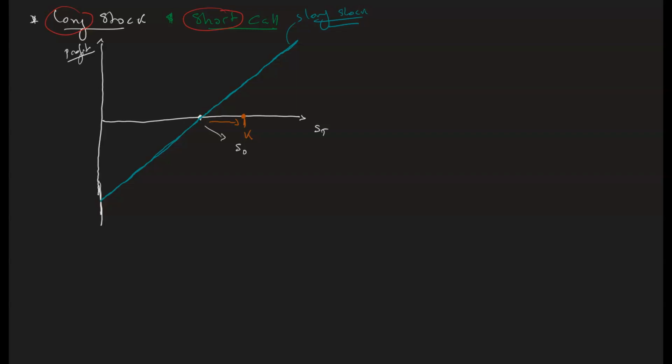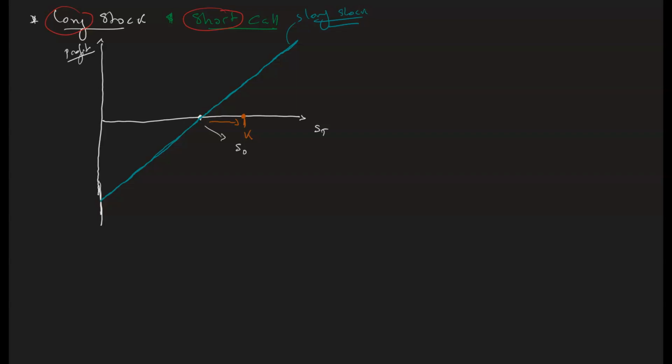Now, the call option is not going to be exercised if the stock price doesn't go all the way to that point. Because until the stock price gets to the strike price, that call option will be out of the money. So long as the call option is out of the money, I will retain the premium on the call option.